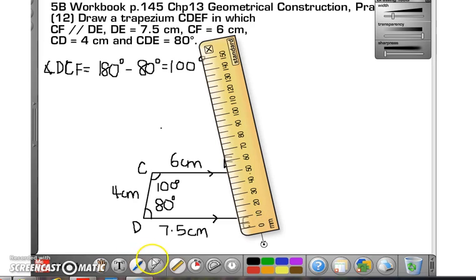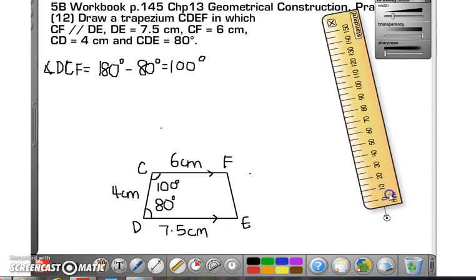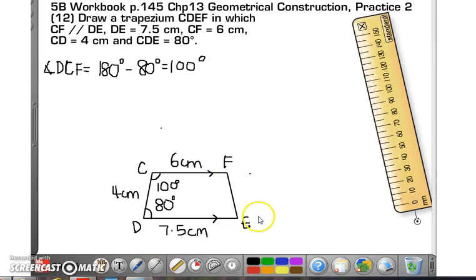Okay, then I can join from point F to point E, which, if I'm using my ruler, is 4 centimeters long. It so happens to be the same length as CD, but they may not always be the same length. So I have completed my diagram, trapezium CDEF. Now it's your turn, so do your best.